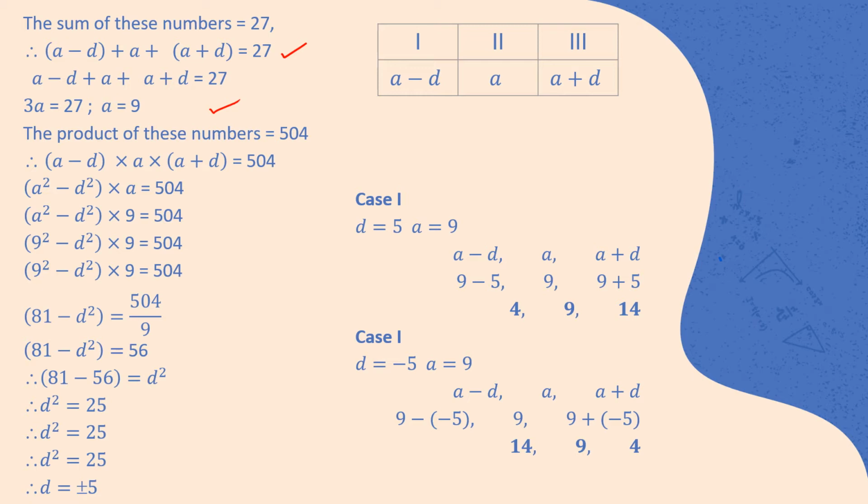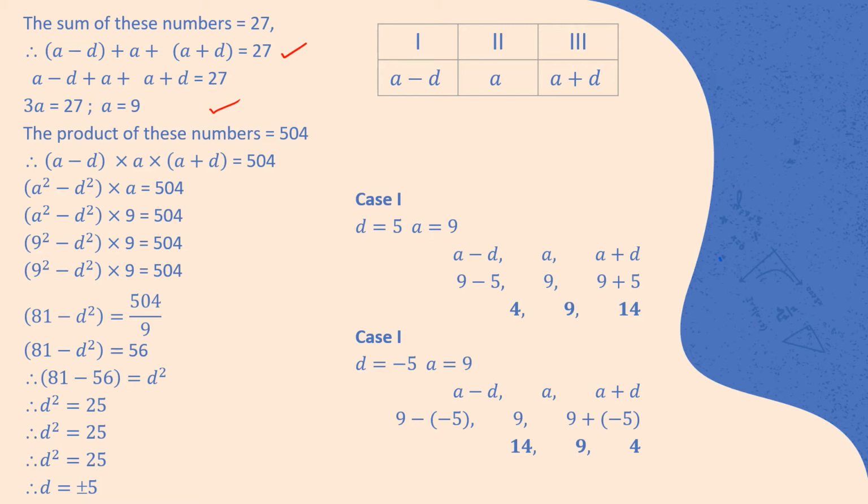Again, we have some information which says that the product of these numbers is 504. We are using a very simple logical formula, substituting the terms: a minus d into a into a plus d is 504. Now when you open these brackets up, what you get is a square minus d square, which is easy to calculate, and it is 504.